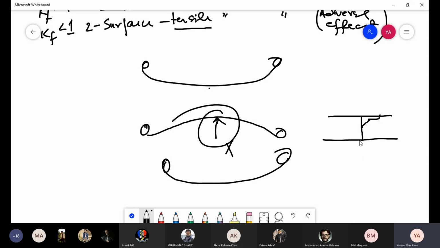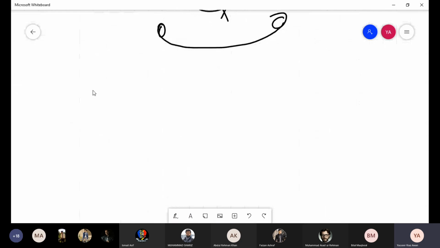Because of overall stress equilibrium, if there are compressive stresses in the surface, there must be tensile stresses in the core. Overall the stress sum would be 0, but because the fatigue crack generally grows from the surface, that is beneficial.